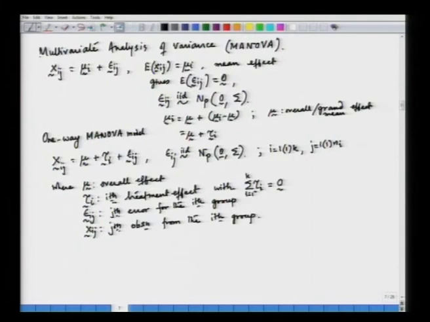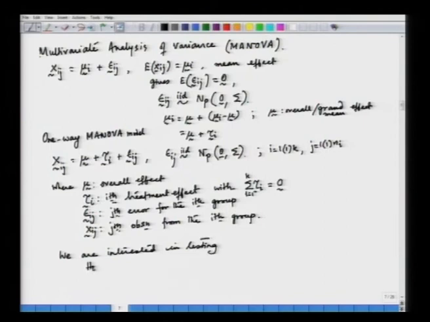Now, we are trying to look at the variability of the observations and trying to assign them to the different sources of variation. For this purpose, the hypothesis that we are testing is the hypothesis we just looked at, in ANOVA or in MANOVA.